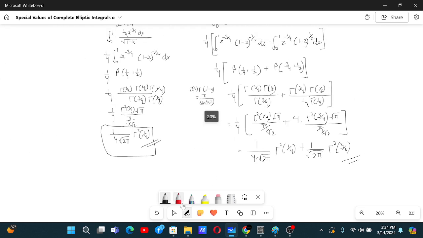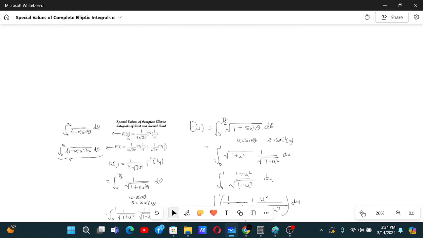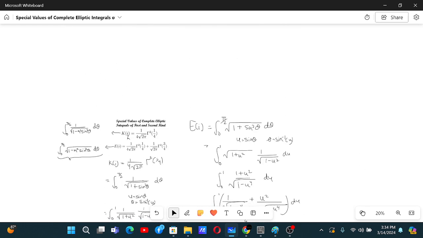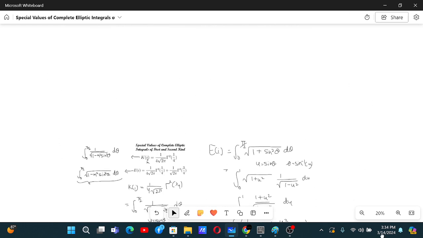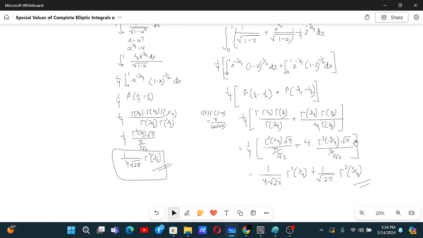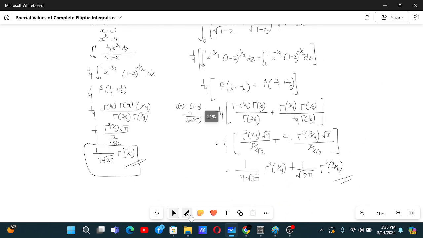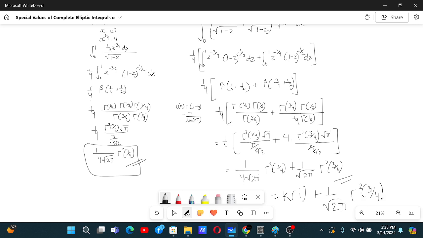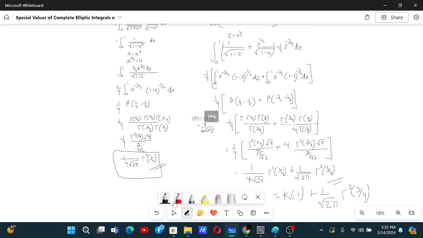Let's check if this is correct or not. 1 by root 2 pi gamma square 3 by 4 plus 1 by 4 root 2 pi gamma square 1 by 4. Basically it can also be told as this is actually K of i plus 1 by root 2 pi gamma square 3 by 4. The fact that there is K of i is really amazing.